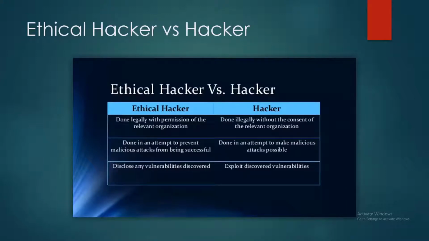While a hacker does it for illegal purposes, for his own purpose. He tries to break in because he wants to bring down the business, or he wants to blackmail you, or just for the fun of it, or he is a competitor trying to overtake your business by bringing down the entire business so that he can be at a profitable margin. So we'll try to understand what hackers are and what ethical hackers are.